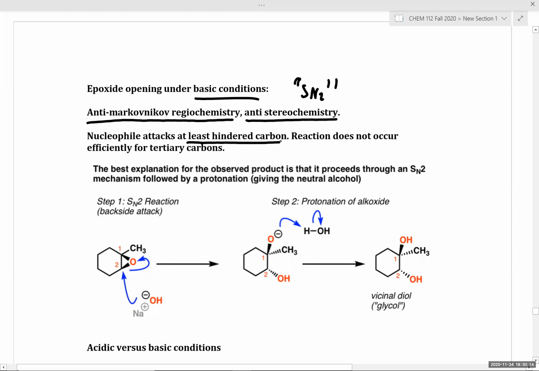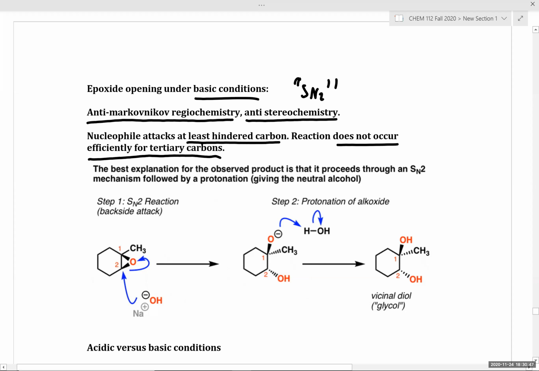And the beautiful thing about basic conditions is you can actually get selectivity in terms of which epoxides will react. This reaction does not occur efficiently for tertiary carbons. So if you have a highly substituted epoxide and try to open it under basic conditions, you will see selectivity for the least hindered carbon.